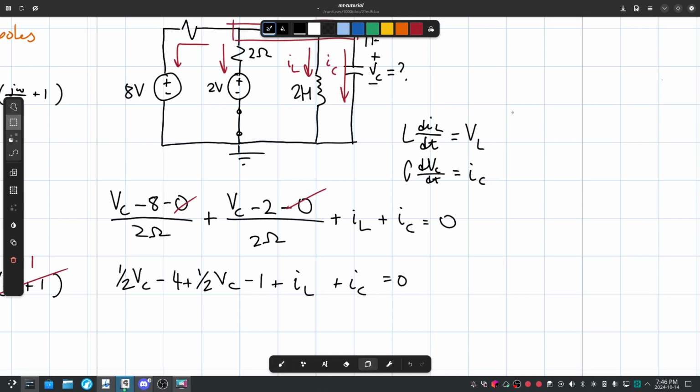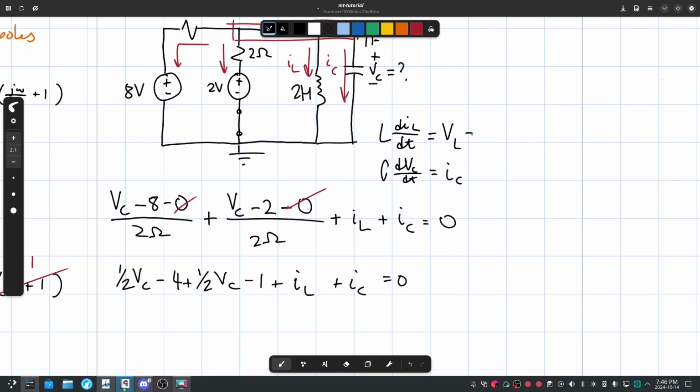And remember the inverse of that. We could just integrate both sides to get the second set of formulas: L times IL is equal to the integral of VL, and likewise, C times VC is equal to the integral of IC dt. That's correct, right? Yes.